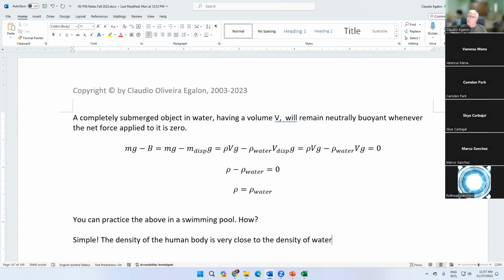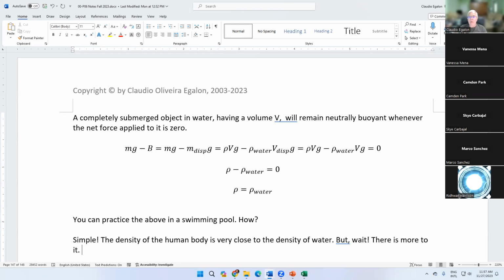Remember, 70% of the human body is made of water, right? And on top of the water, we also have some organs that are full of air, like the lungs. But wait, there's more to it.